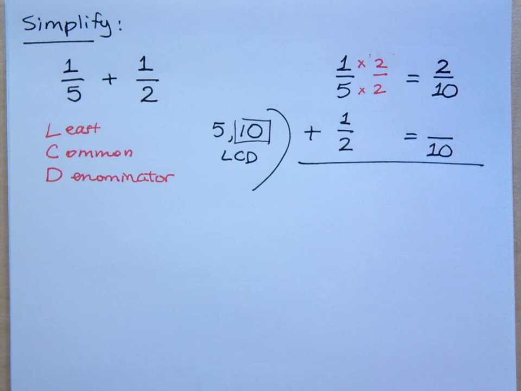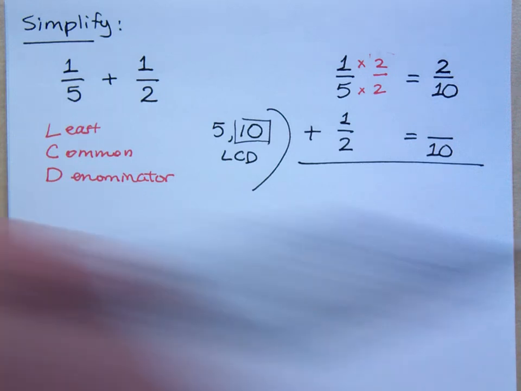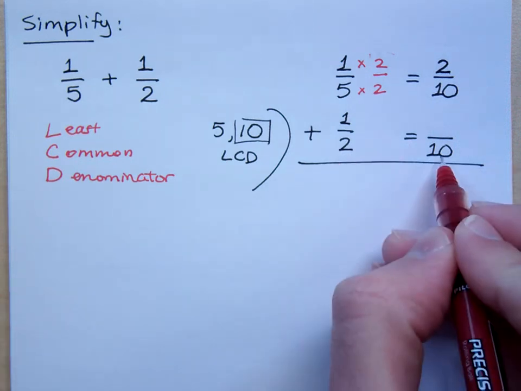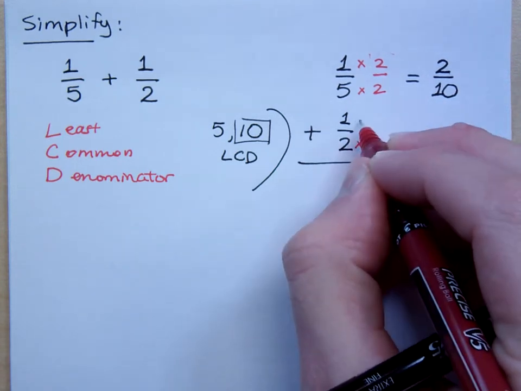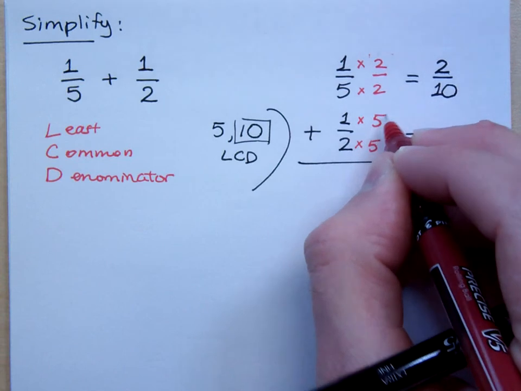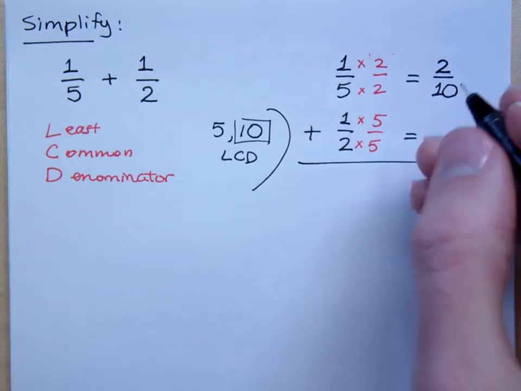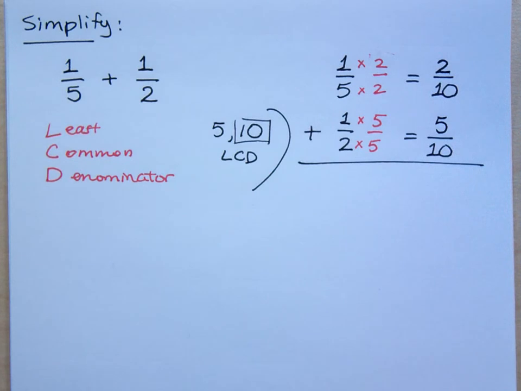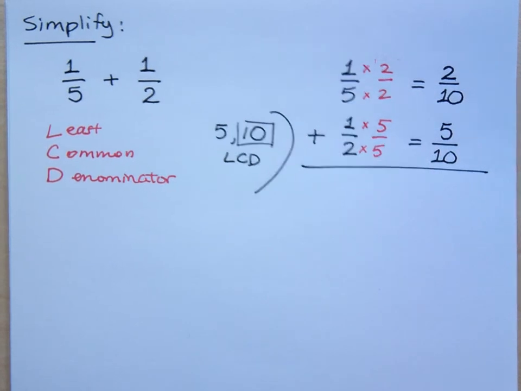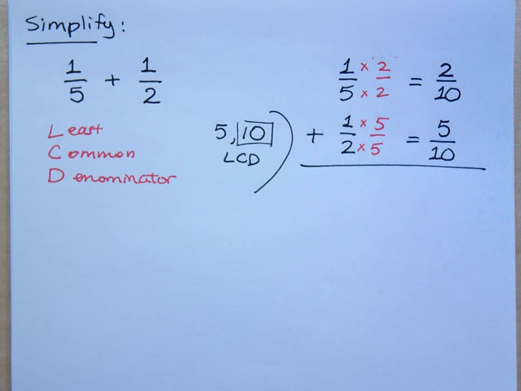That's what we did a few sections ago. Now, what factor is needed to turn the 2 into a 10? So we multiply both the denominator and the numerator times 5. So we end up with what? 5/10. So now that they have the same denominator, we can compare these guys correctly.